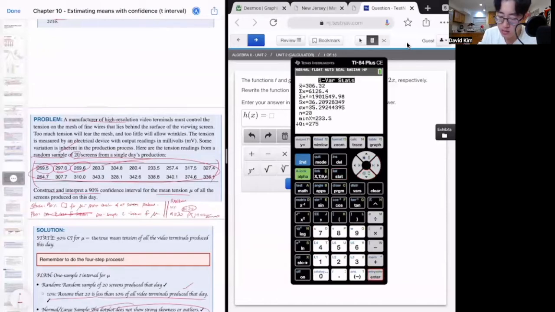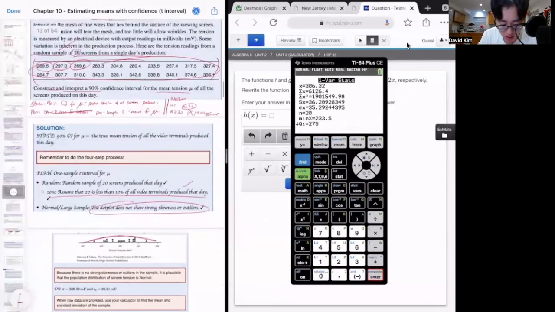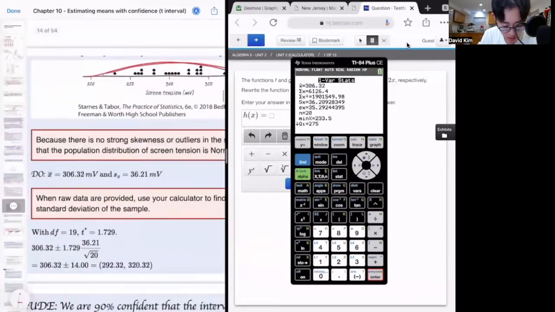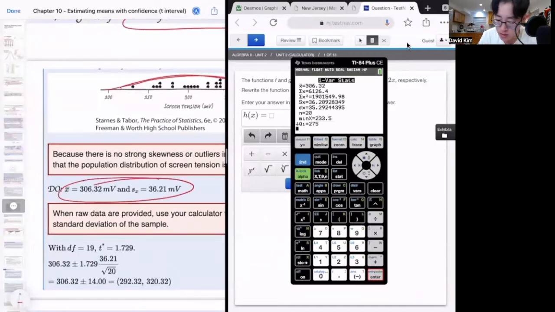When you do that, it gives you really nice numbers, with the sample mean being 306.32 and the sample standard deviation being 36.209. Remember, we want to be using those values, not the sigma, because sigma would give you something with less than the proper degrees of freedom. So we're going to be using those values, and I believe we actually have those values intact.